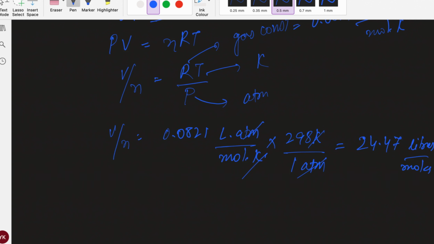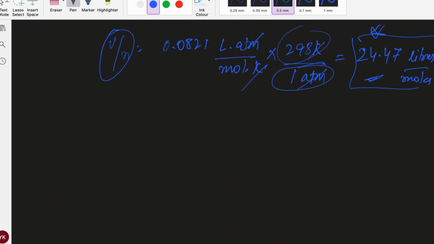That's how we arrive at this number. If it is given in your question that the temperature is 298 Kelvin or 25 degrees centigrade and the pressure is either not given or given as 1 atm, then you can use this value directly. However, if the pressure and temperature are changed, then you can find V by n simply by putting the values in here. I hope this is understood till now.